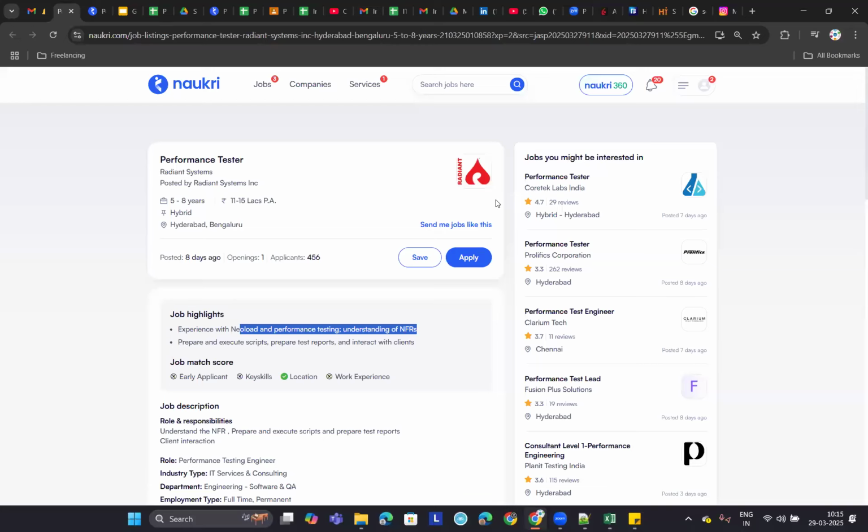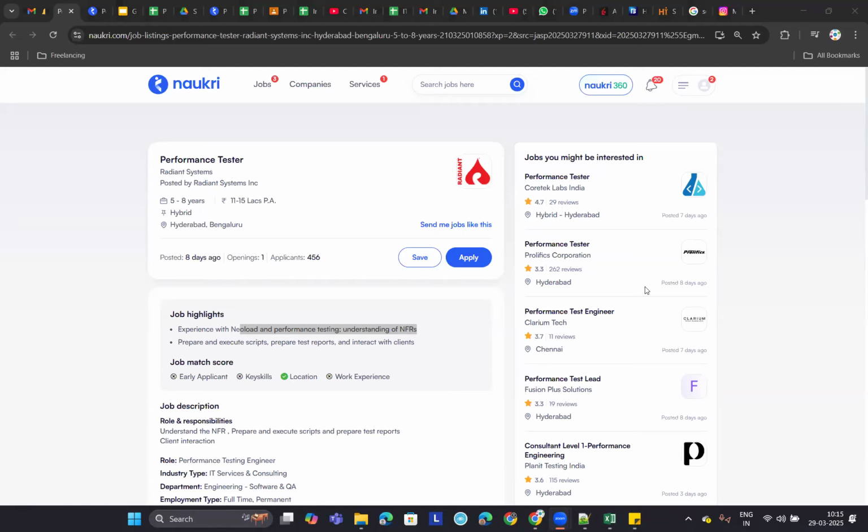Non-functional requirements. What are the non-functional requirements that you collect in the planning phase, like requirement gathering? Test plan will be prepared once you collect the requirements, then you prepare the test plan document.